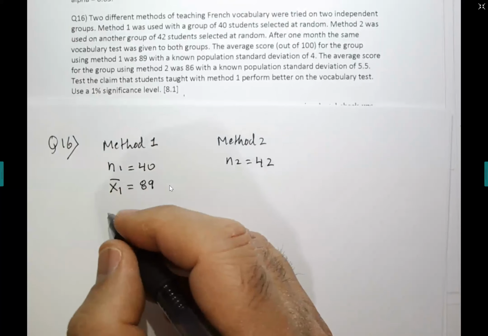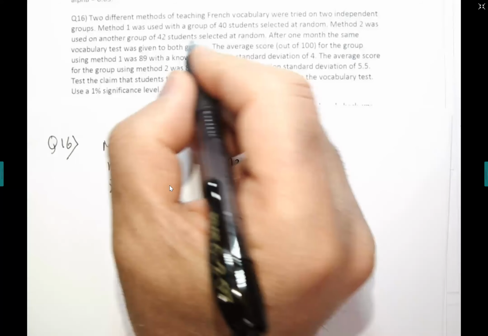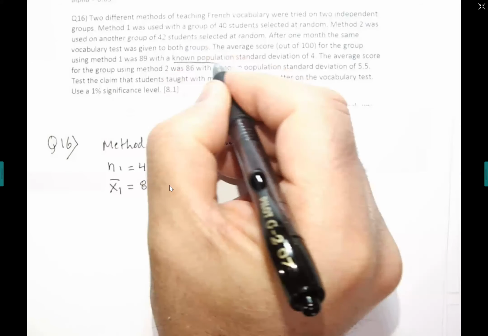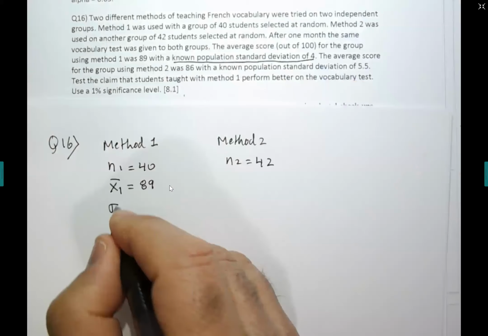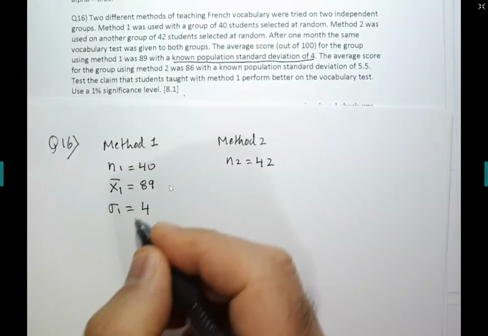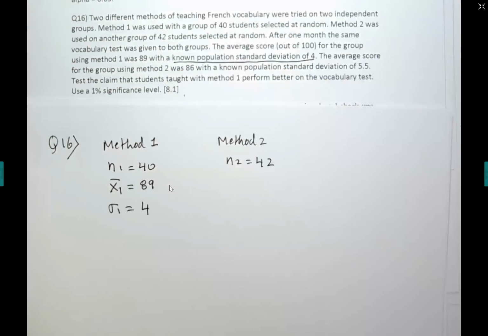Do you guys agree with me that this is not S, this is sigma 1? If this is not clear, please let me know. I'll explain it. This is very important because once you put sigma, you have to change the test. It's not a t test, it's a z test.